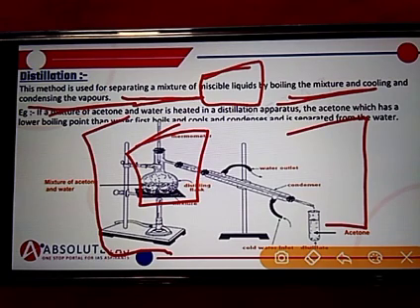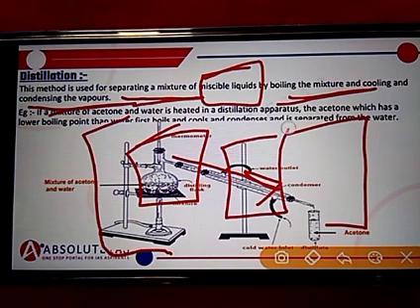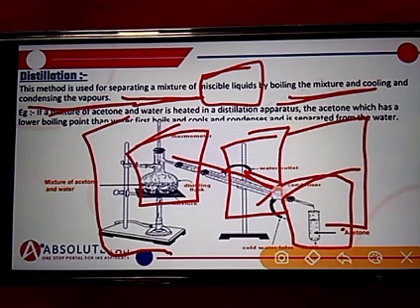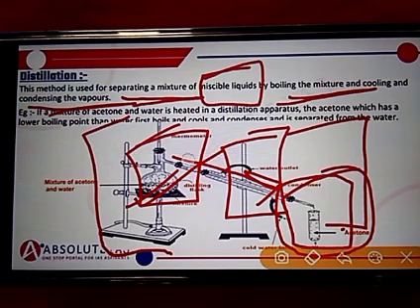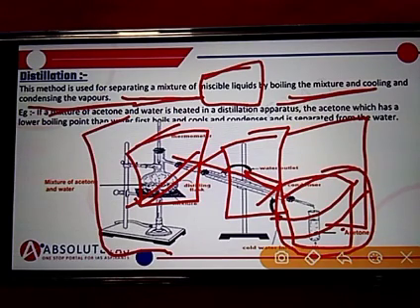So acetone moves through the condenser and is collected here. Water is left here and acetone we have collected on this side, thus the two have been separated.